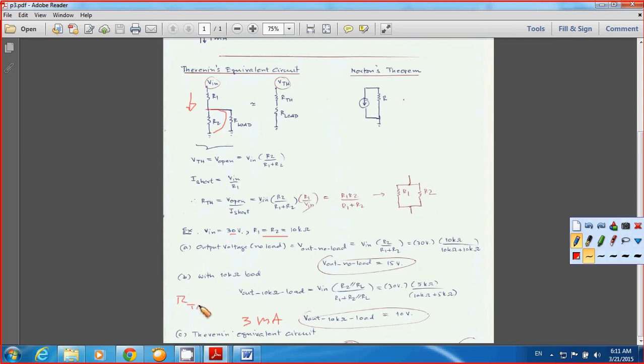It's simply V open, which is the same as V out no load, 15, divided by I short, 3 milliamps. You get 5k ohms, right?